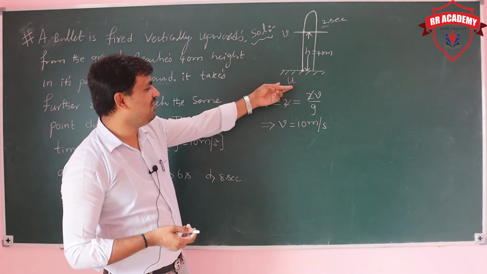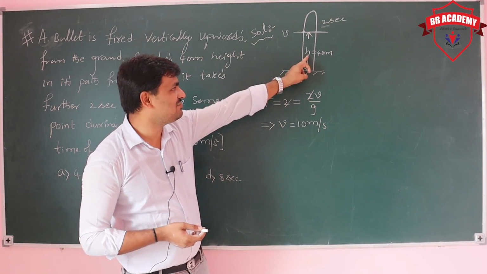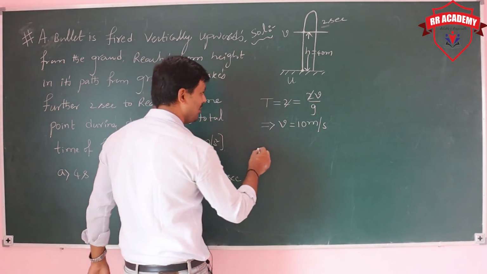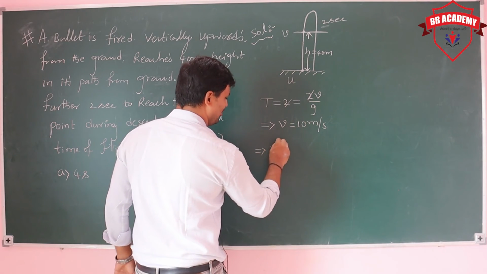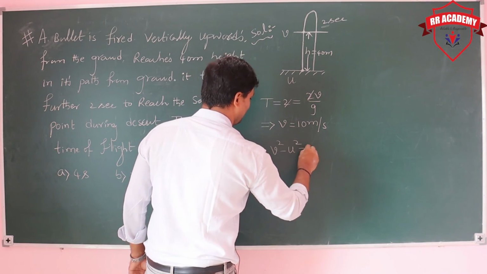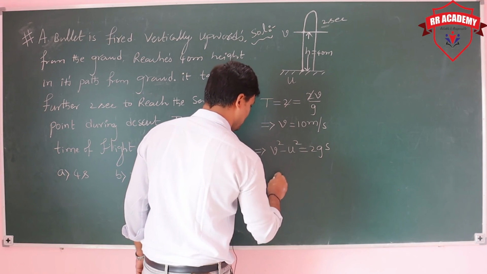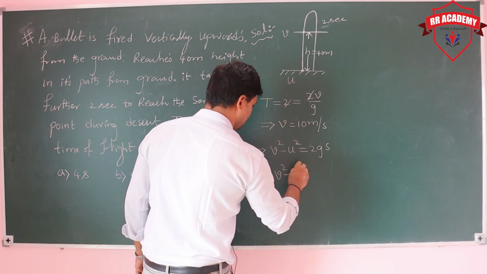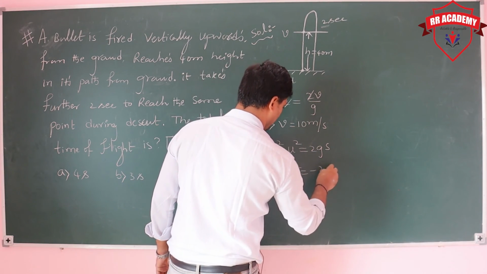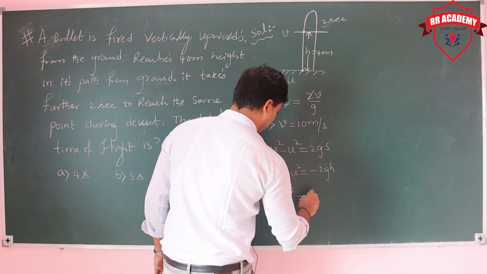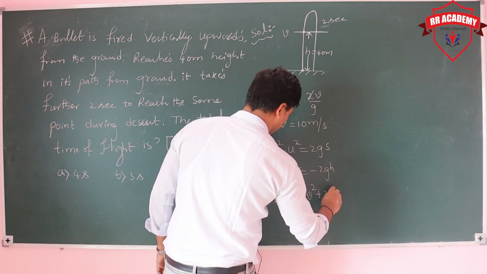Then try to get the value of u. You know v, displacement and acceleration. Generally we know that v square minus u square is equal to 2as. Our requirement is u square. V square minus u square is equal to minus 2gh, so u square is equal to v square plus 2gh.